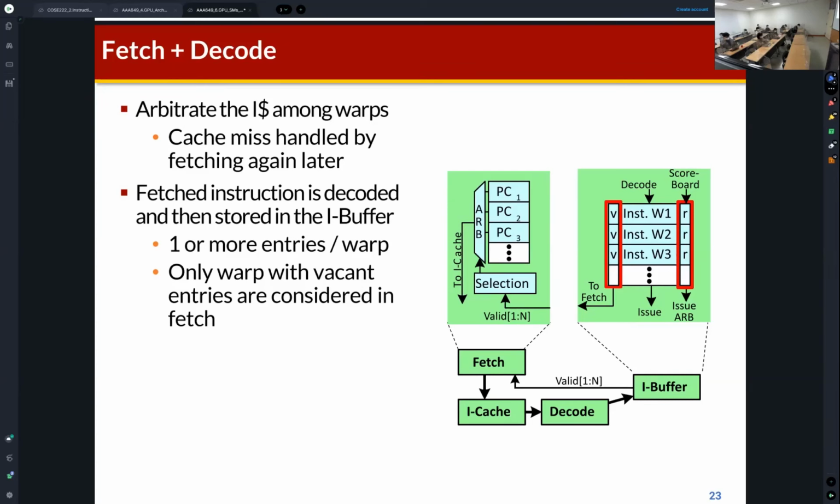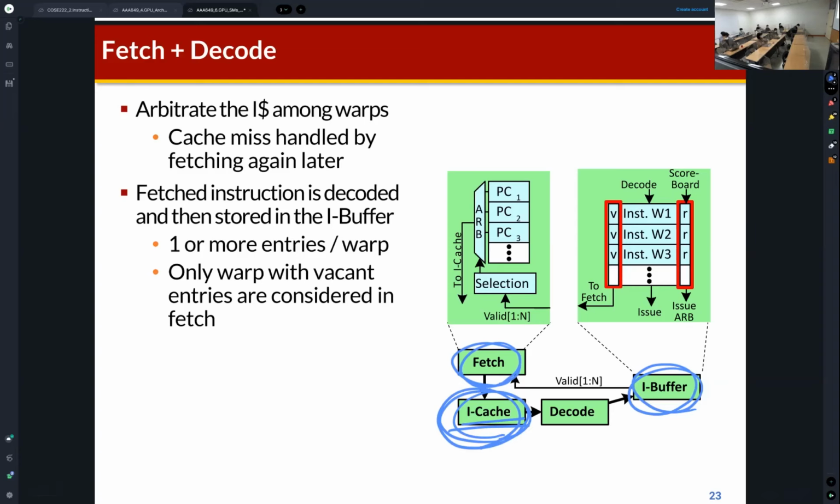As you can see, the GPU has the fetch unit and the instruction buffer. We don't know the exact architecture of commodity GPUs, so we just estimate that the GPU looks like this. The GPU has its own instruction cache, like the CPU. The instruction is fetched from the instruction cache.